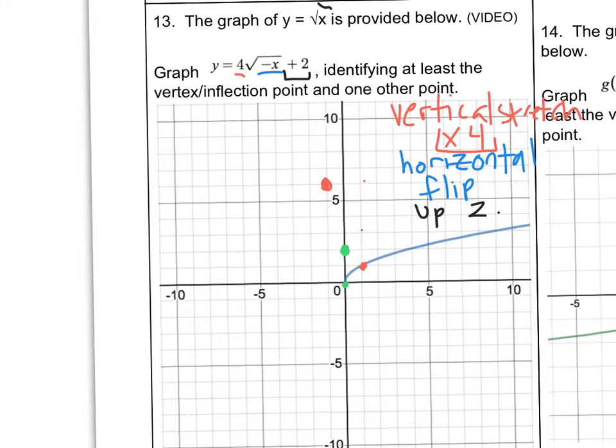If you really wanted a third point, the next one was at over 3 and up 1. Now it's going to be at back 3, 1, 2, 3, and up 4 more, 1, 2, 3, 4. And give us something that looks like this.